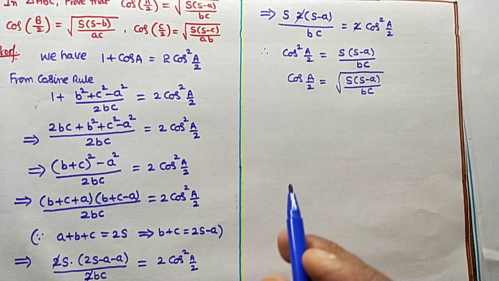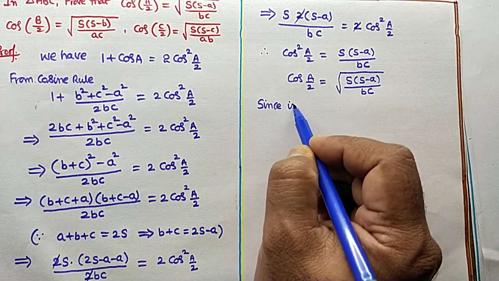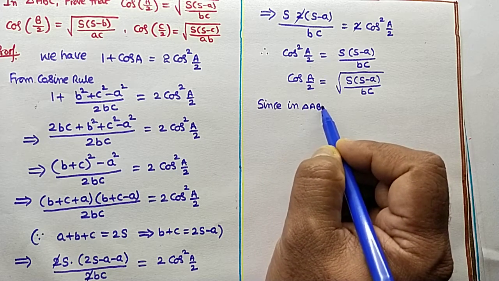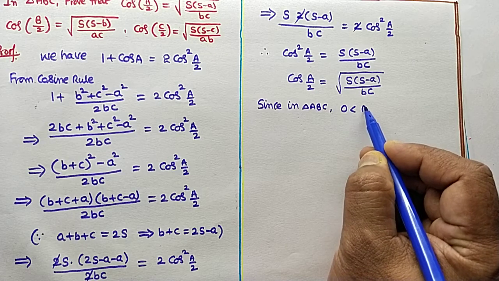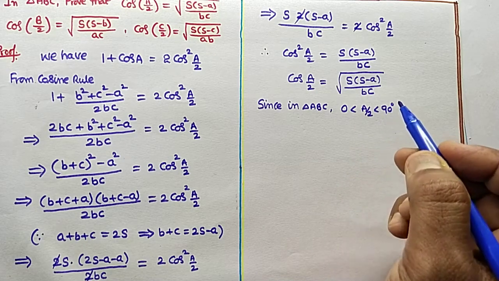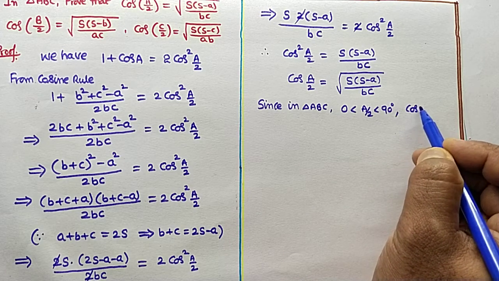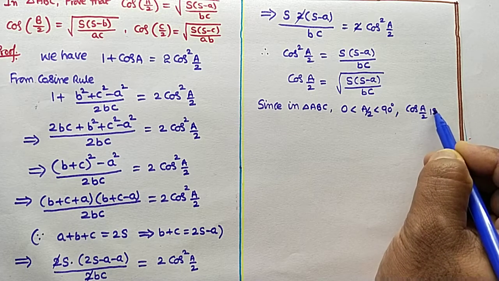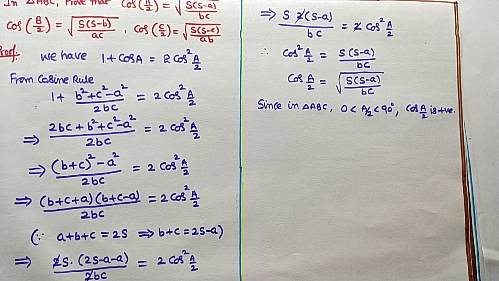Actually, since in triangle ABC the value of A by 2 of angle, 0 is less than A by 2 is less than 90. So in this interval, cos A by 2 is positive. So that is the reason we are taking this one.